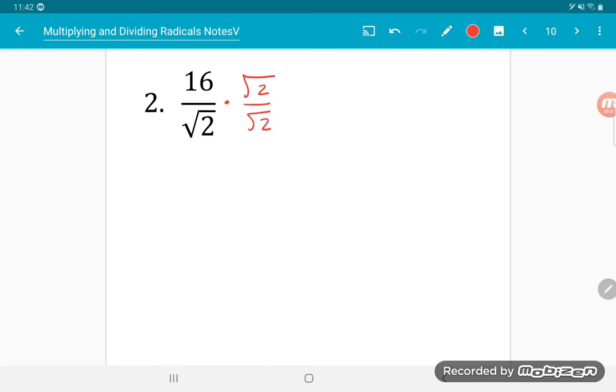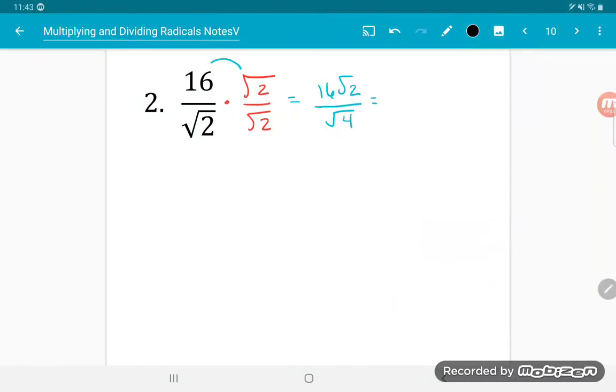So square root of 2 over square root of 2 will equal 1. Now that I've done that, I simply multiply across. So 16 times radical 2 is 16 radical 2. That's the numerator. In the denominator, radical 2 times radical 2 is a radical 4.